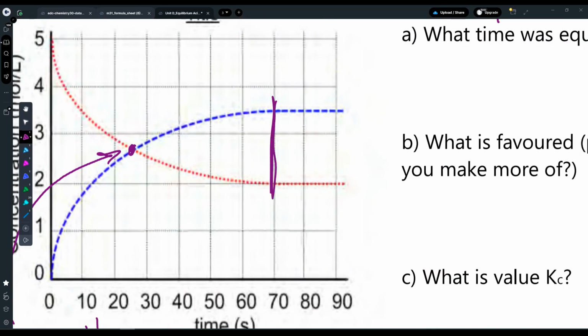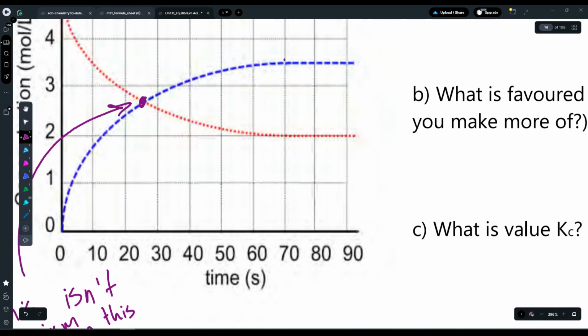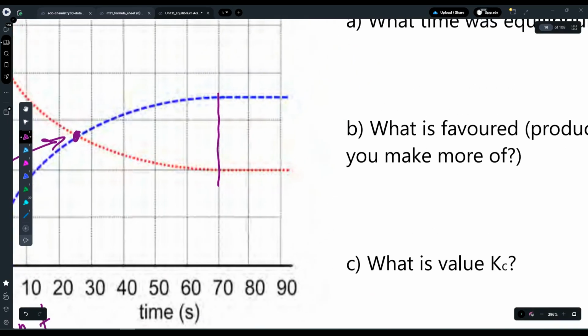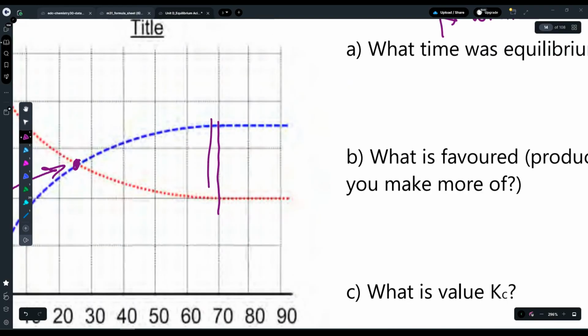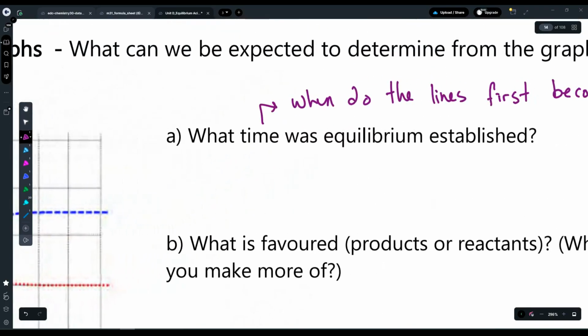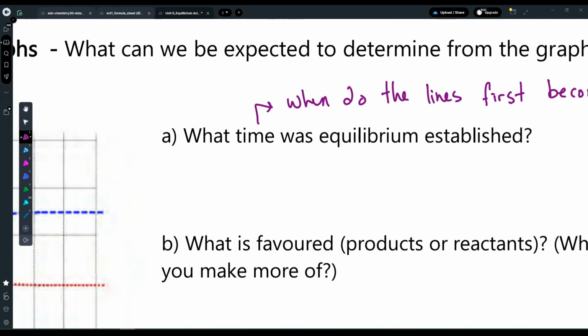I would say they first become parallel right at 70 seconds here. Okay, but if you're thinking that maybe they became parallel just a slight bit earlier, you could say something like 68 seconds. Okay, but I'm gonna say 70 seconds.